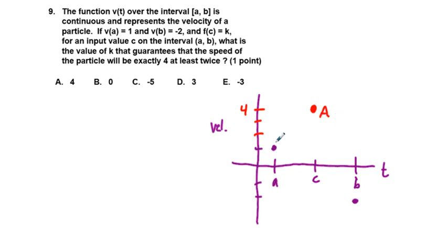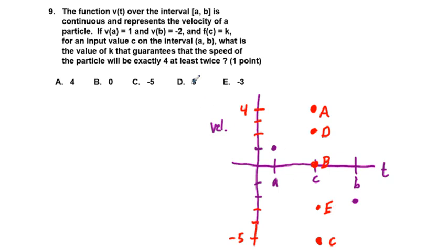Answer choice B is 0. Answer choice C is -5, so that's -3, -4, -5. Here's answer choice C down below at -5. Then we have answer choice D at 3, and finally answer choice E at -3.